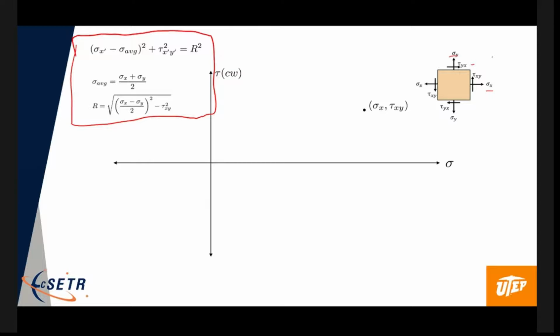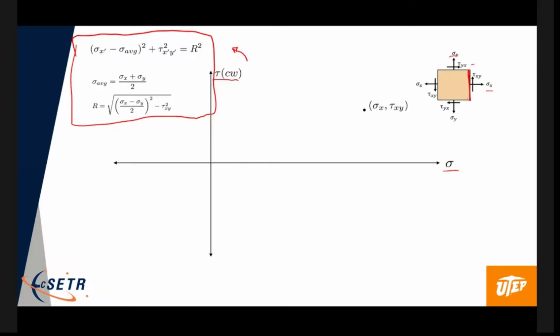All right, so on the x-axis, I'm going to plot the normal stresses, and on the y-axis, I'm going to plot the shear stresses with this convention that if the shear stress wants to rotate it counterclockwise, it's positive. So let's first start on this face here, okay?